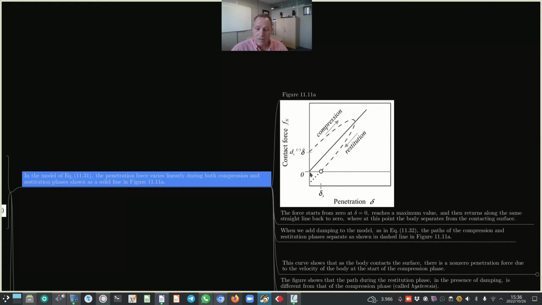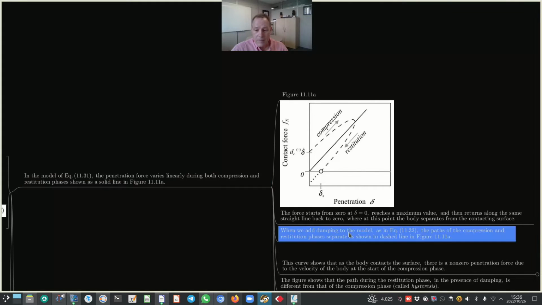Okay, so the force starts from 0 at a penetration delta equals 0. It reaches a maximum value and then returns along the same straight line back to 0, where at this point the body separates from the contacting surface. When we add damping to the model, as in equation 11.32, which we showed a minute ago, the paths of the compression and restitution phases separate, as shown in the dashed line in figure 11.11a.